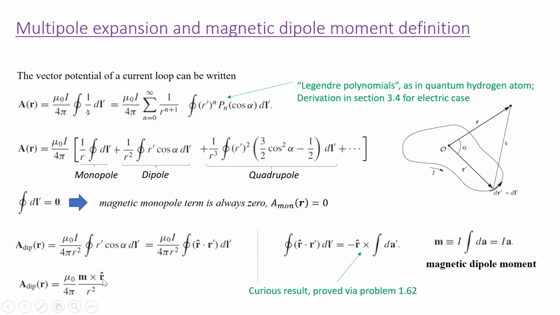So we get M cross R, and we have our mu naught over 4 pi R squared.